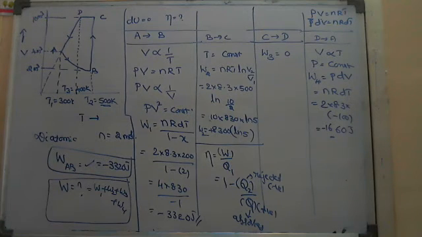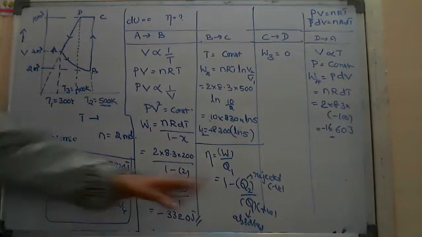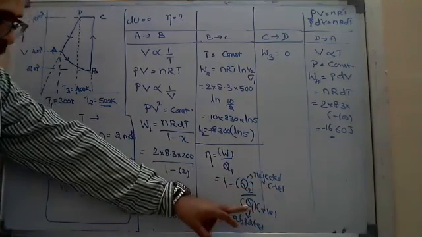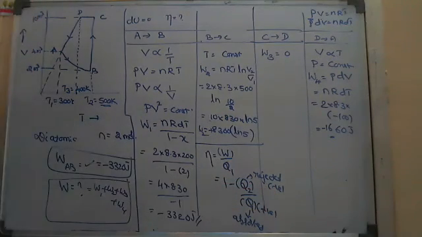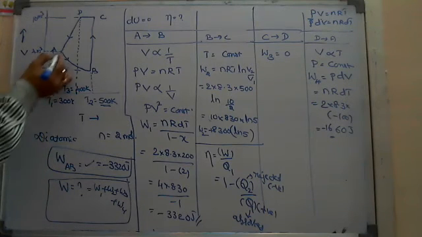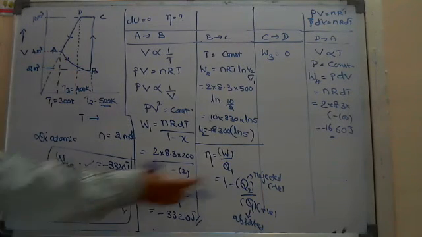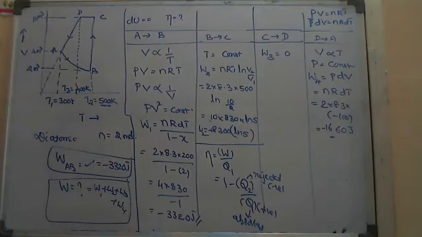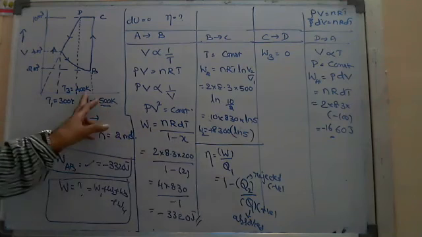So first of all, we have to identify how many heats are there which are negative and how many heats are there which are positive. Don't directly take Q1 as the amount of heat in the first process A to B, and don't take Q2 as the amount of heat rejected in the last process. Okay, that is the total amount of heat rejected in the cyclic process.